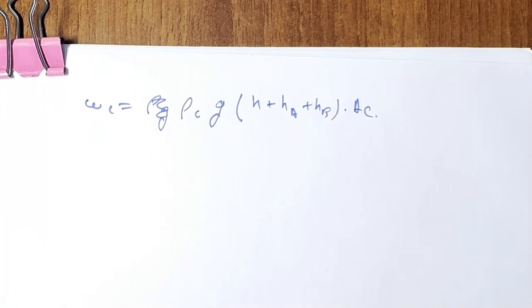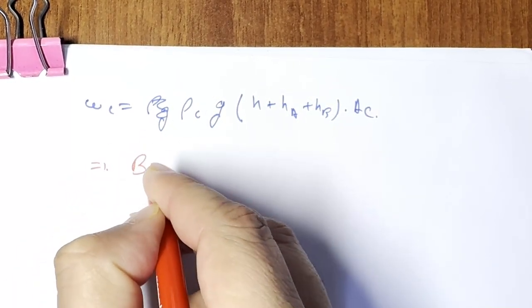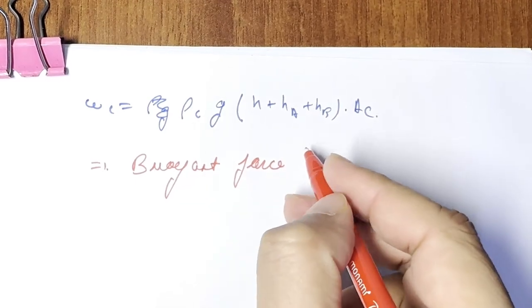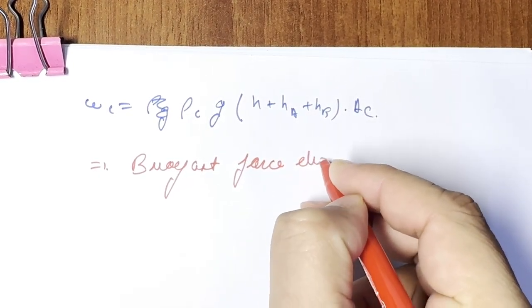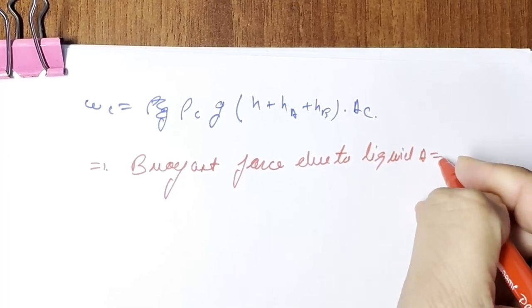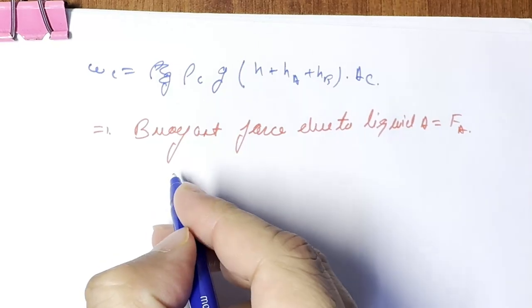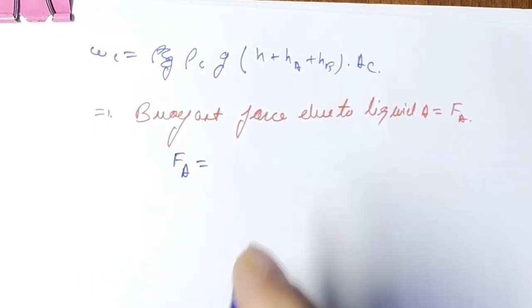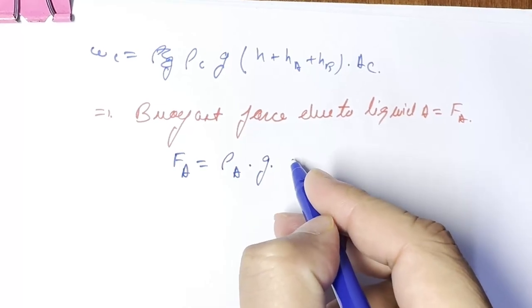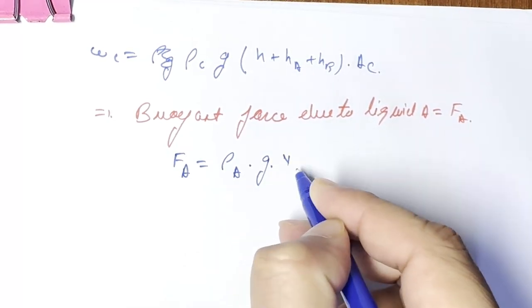Next force is our buoyant force because of liquid A, let us call that FA, and FA will be equal to density of liquid A multiplied by G and the volume that is associated with liquid A, that is our VA.